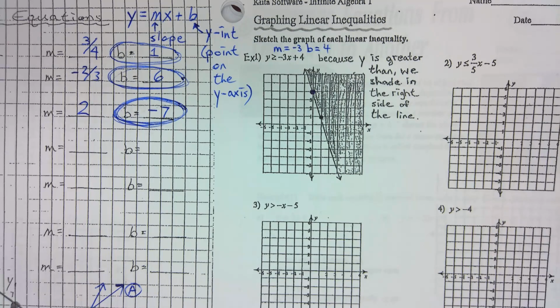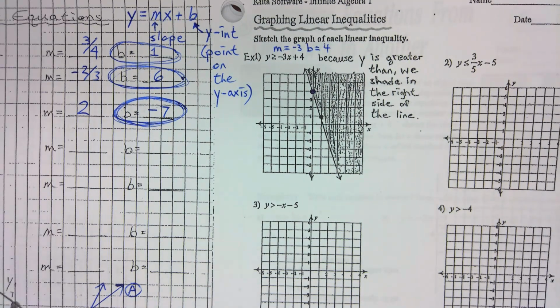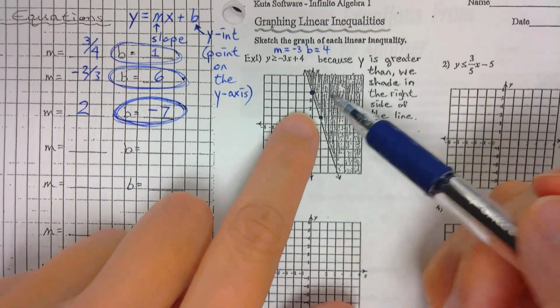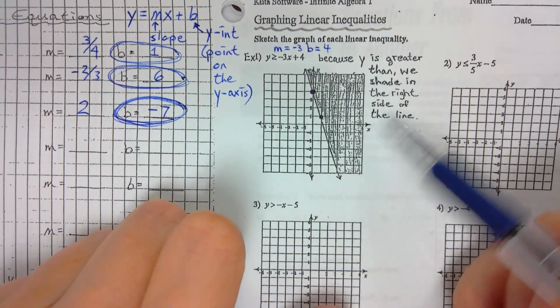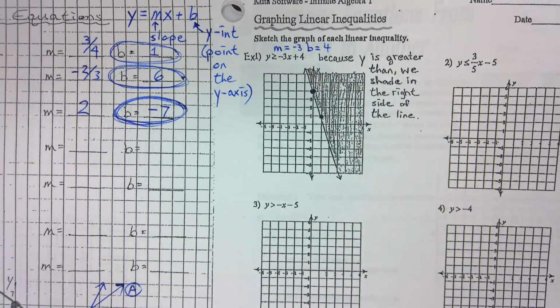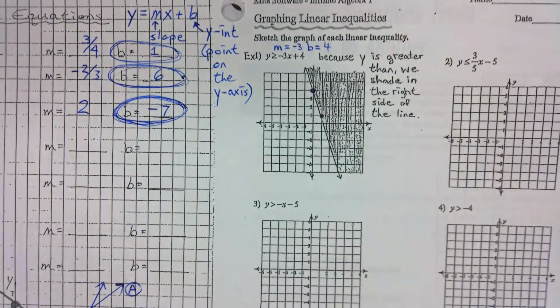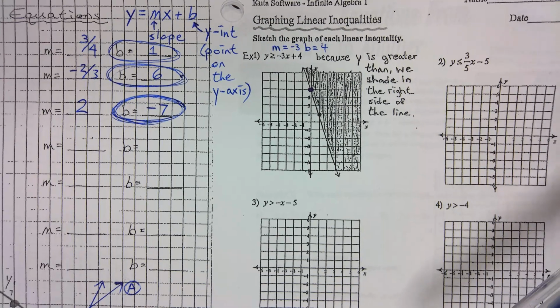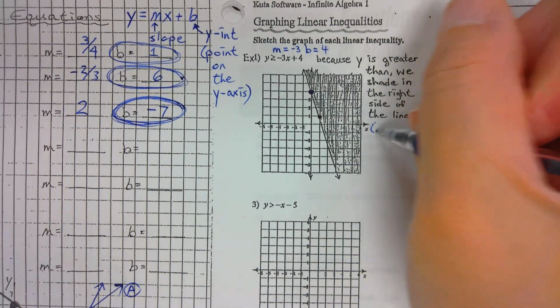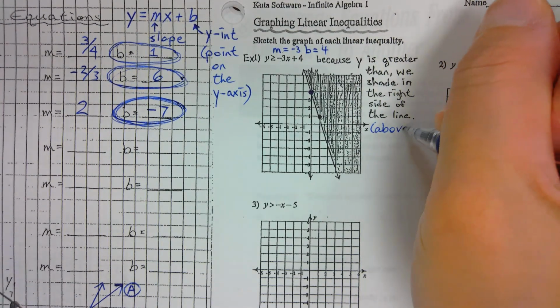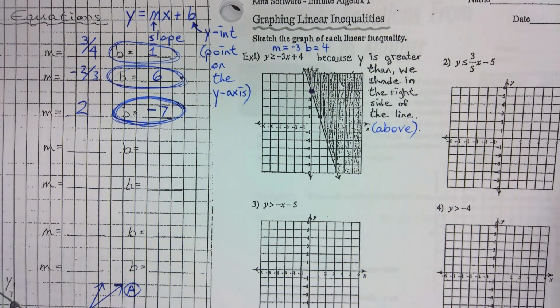Just like when we did number line. When it's greater, we point the arrow to the right, and then when it's less than, we point the arrow to the left. So same idea right here. It's to the left or above. Anything above the line.